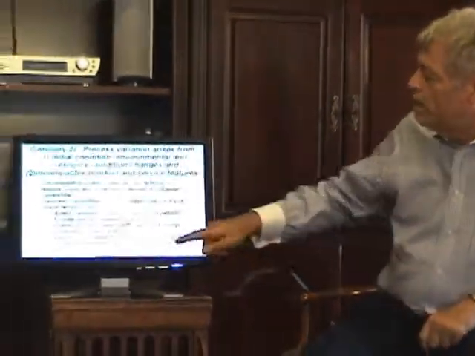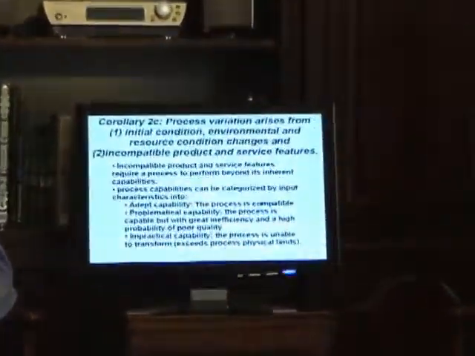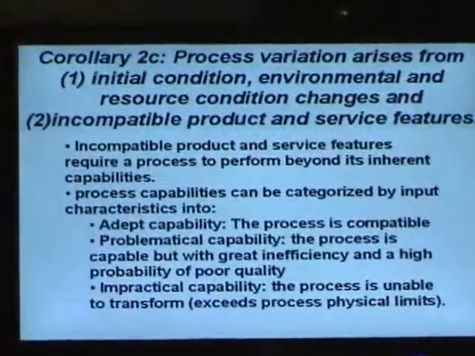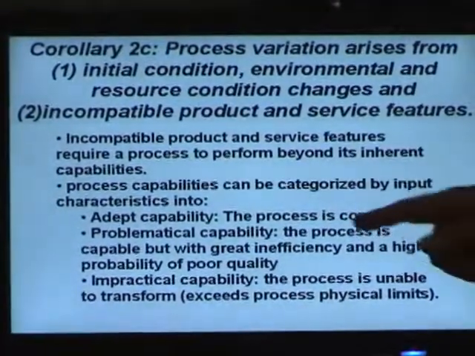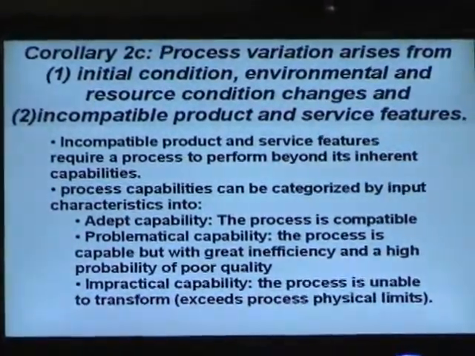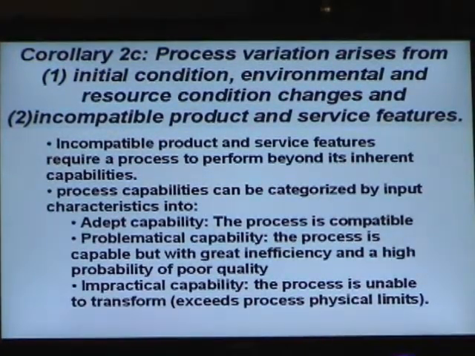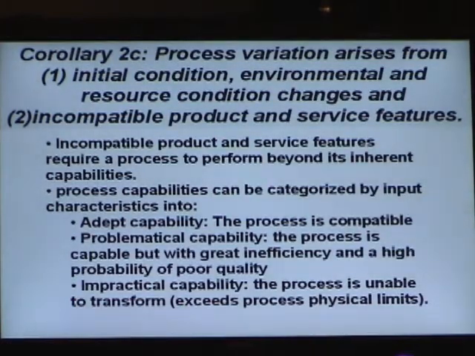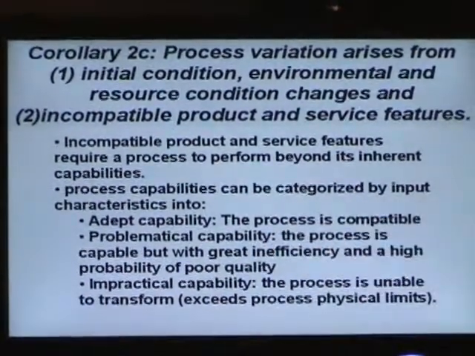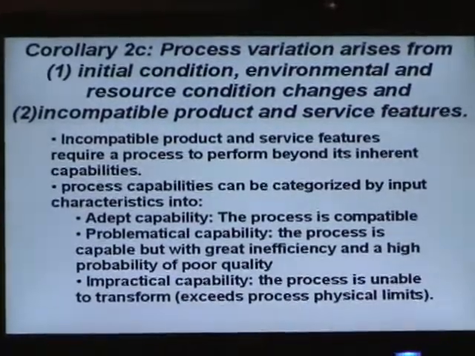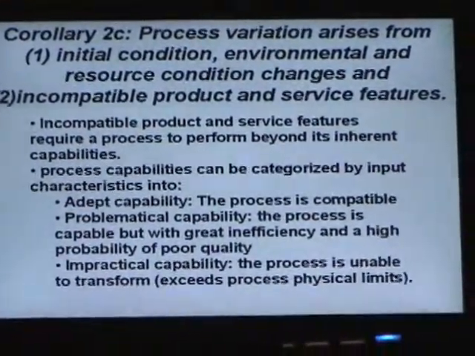So one of the key things we have to do in processes is understand the process capabilities. There are basically three categories. One is the adept capability, or the sweet spot: the things the process was designed to do, and does very well. Then there's the problematical capability, meaning it can process it, but not efficiently.